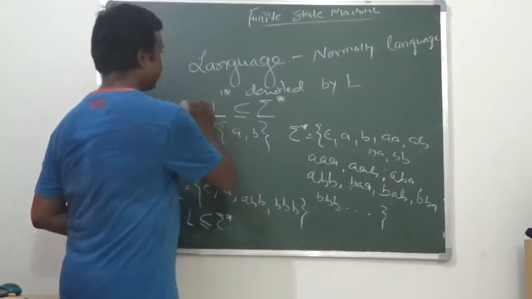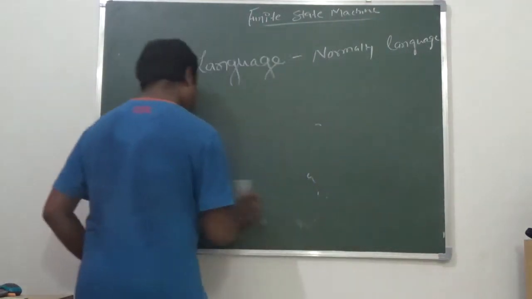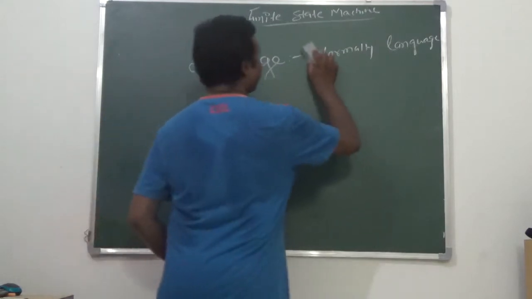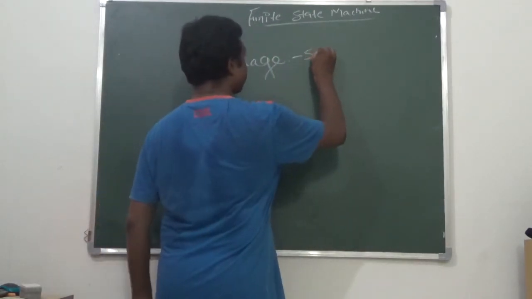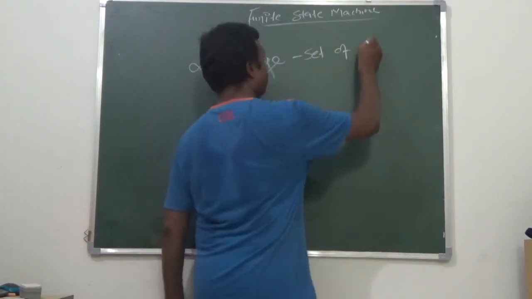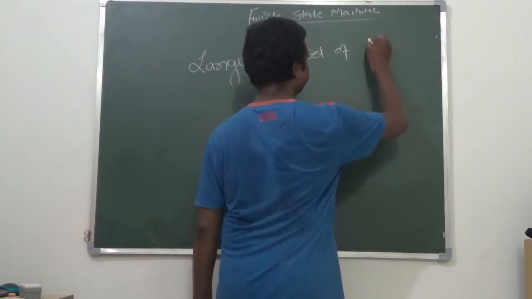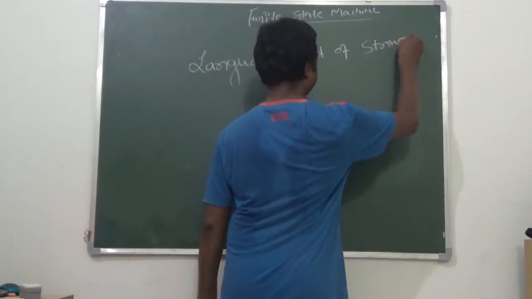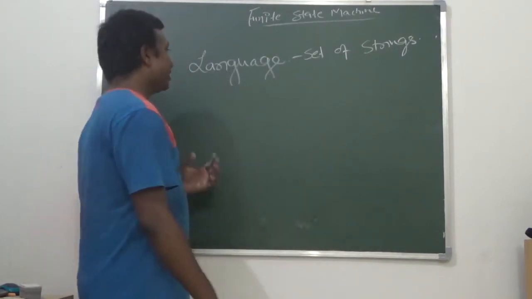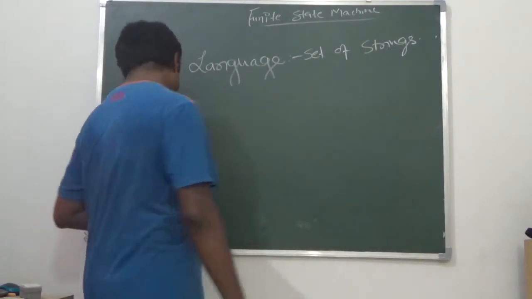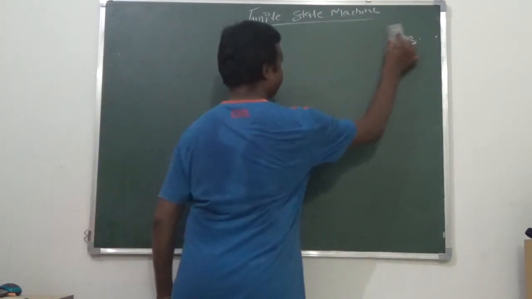Another way the language is defined is, a language is nothing but a set of strings, not a set of symbols. So a set of strings is called a language, and it is basically denoted by L. So let's take some example of language.